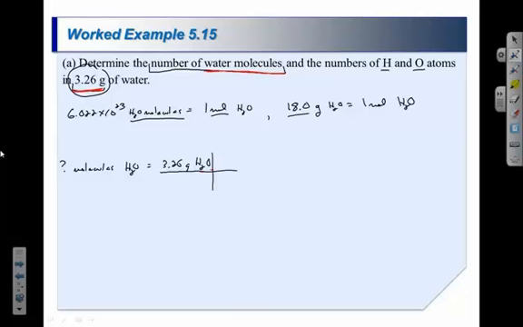So I can use that to cancel the grams and convert to moles.